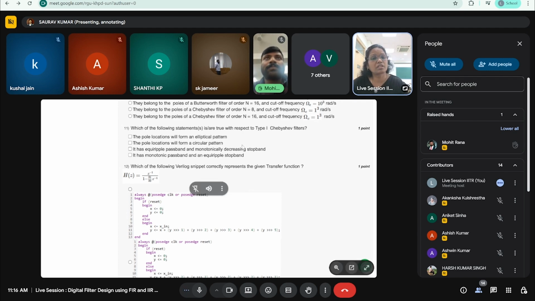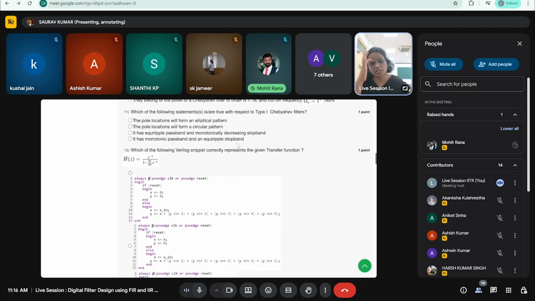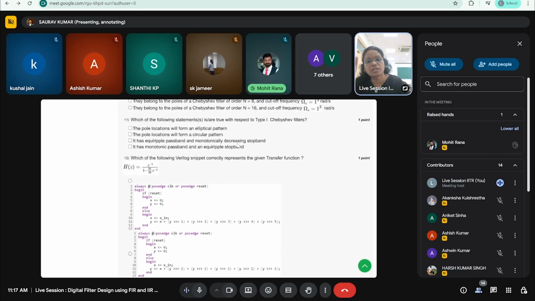What relates to the pole location is an elliptical pattern in the S plane. So this question is about whether it is an elliptical pattern or a circular pattern. Type 1 will have ripple in the pass band and monotonic response in the stop band.